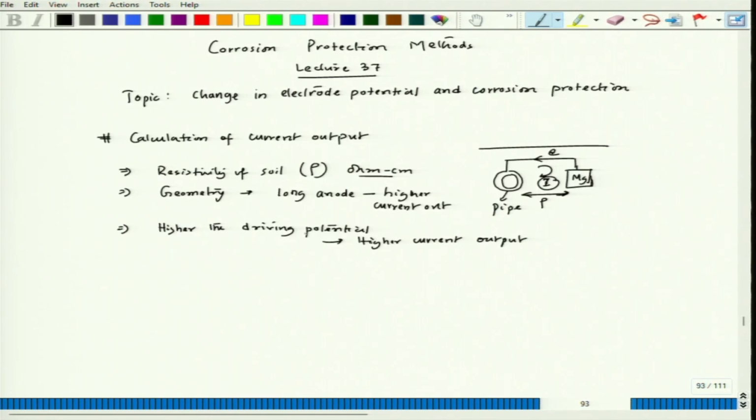Now, this driving potential, delta V, you can consider as the polarized potential of the part which is to be protected, and the OCP, or open circuit potential, of the anode.